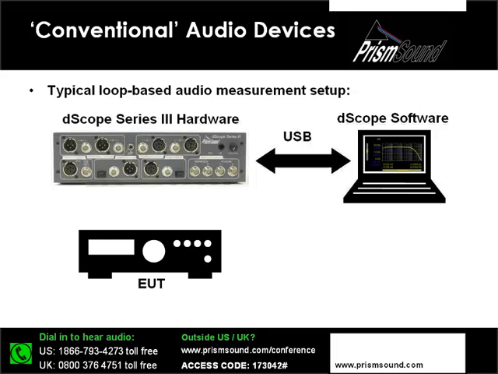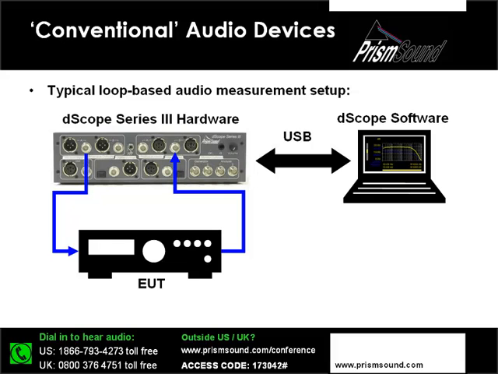Well, we would need some form of audio test and measurement system, and the one that I'm going to be using extensively today during my demonstrations is the Prism Sound D-Scope Series 3 test and measurement instrument. And we would connect this to our device under test. So we would take our generator output, connect it to the input terminal, the line level input of our audio power amplifier, and we would then take the output of the amplifier and connect it to our analyzer inputs, usually via a resistive load.